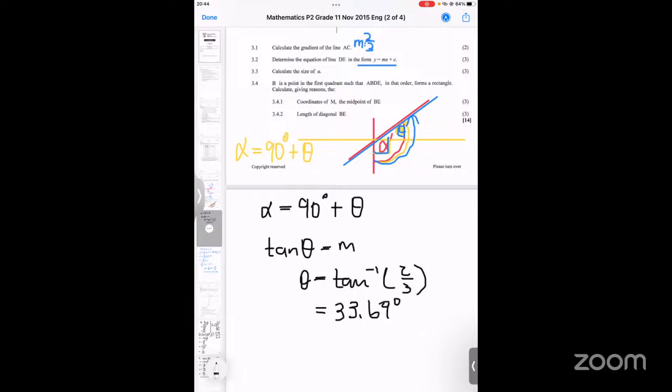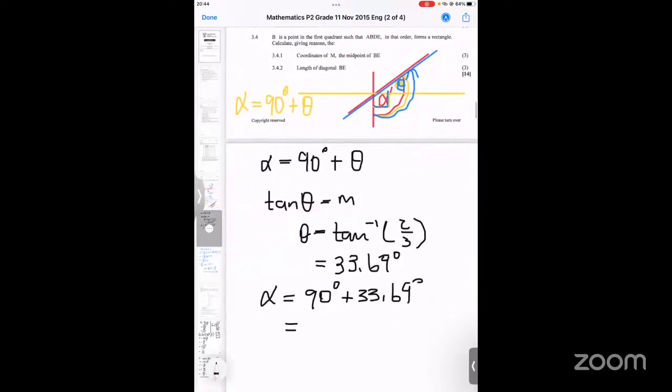So then that means alpha should be equal to 90 degrees plus 33.69 degrees, which is equal to what will that be when you add those two? 123.69 degrees, which is what you got, isn't it? Yes, sir. Yes, so that's how you can work it out, honorable member.